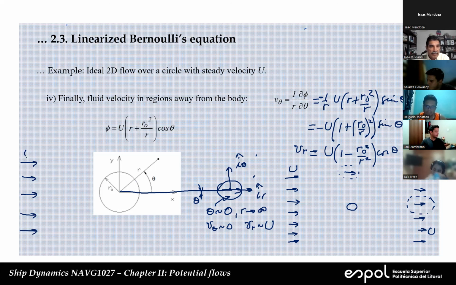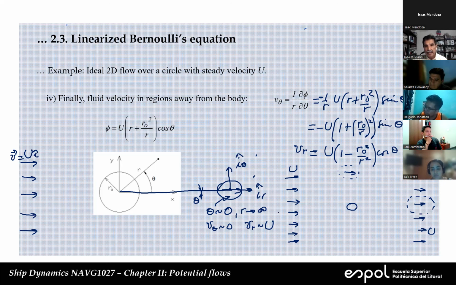If we analyze the velocity away from the body, and here there is no influence from the body because we are very, very far away, this velocity is simply u i. That means that there is only velocity in the x direction, and the value u is constant. Close to the body, of course, we have the influence of the body, and we saw that the flow changes direction, goes around the body, and then closes again, and then goes on.